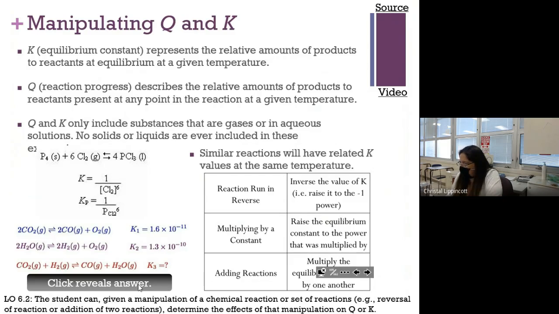I don't think I got the right answer, so I'm confused. Did you get 2.9? Close. I got 3.0.